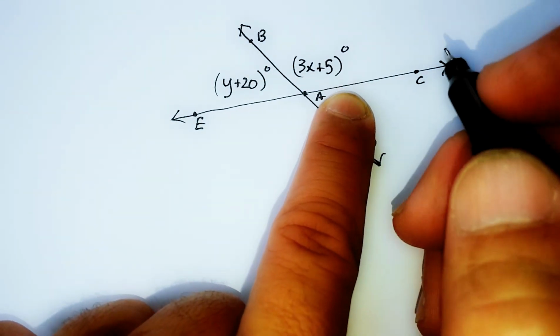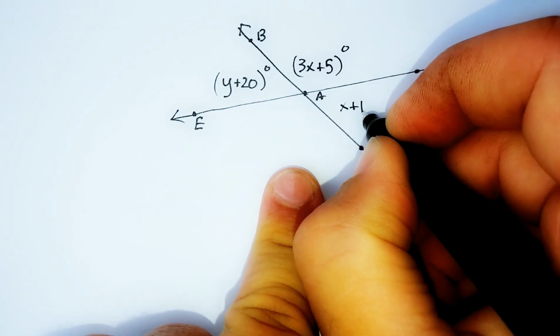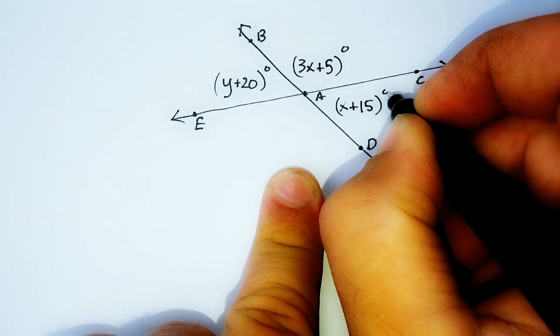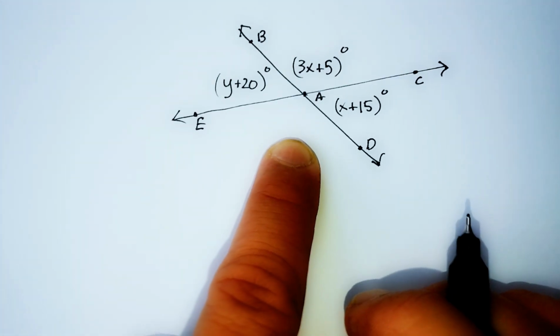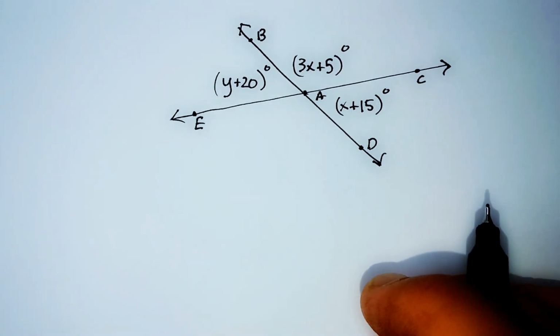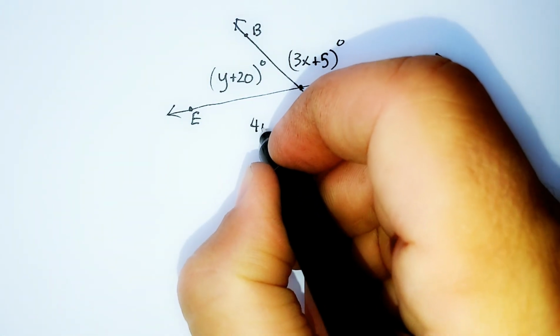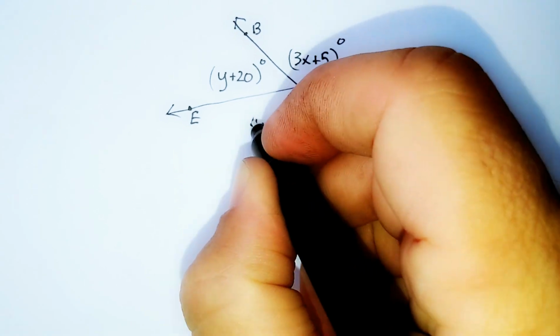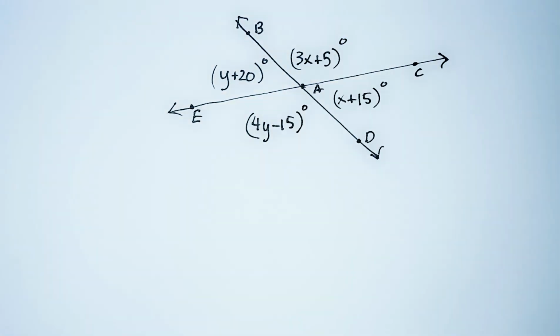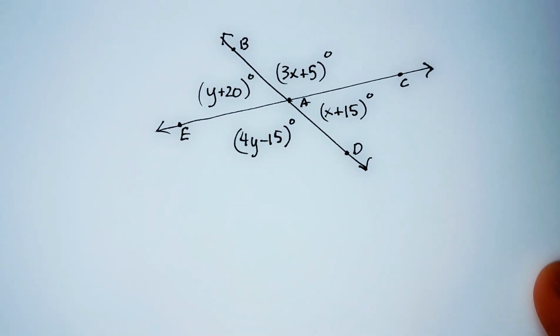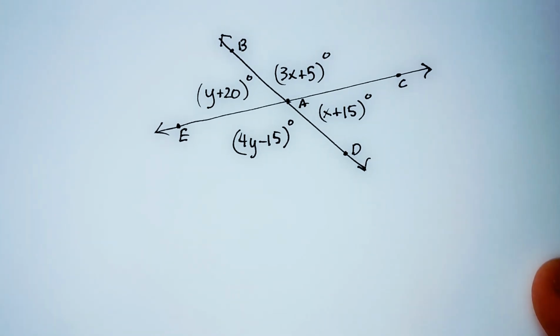Let's say this one is x plus 15 degrees. And let's say this one is 4y minus 15 degrees. And I want you to be able to solve for the x's and the y's.